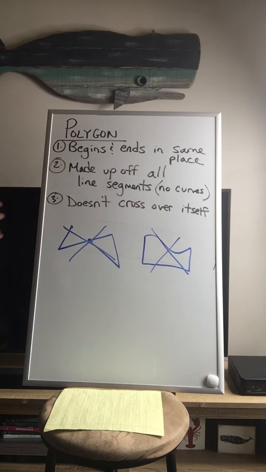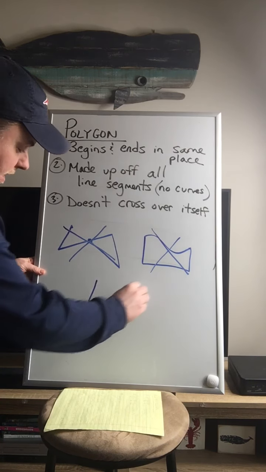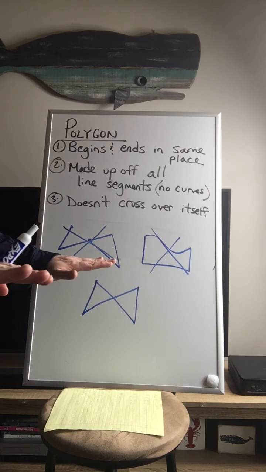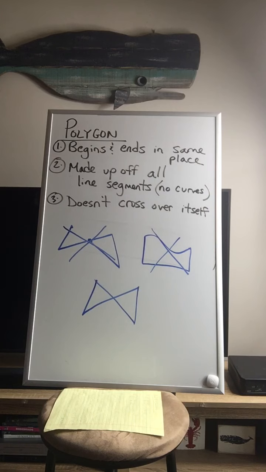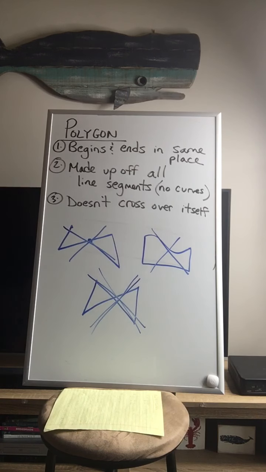And then also they can't cross over themselves. So this first one here, even if I had finished it, even if I had gone like this, that's not a polygon, because it crosses over itself, okay, in the middle. So that's not a polygon either. So polygons have three criteria. They begin and end in the same place, they're made up of all line segments, and they don't cross over themselves, okay?